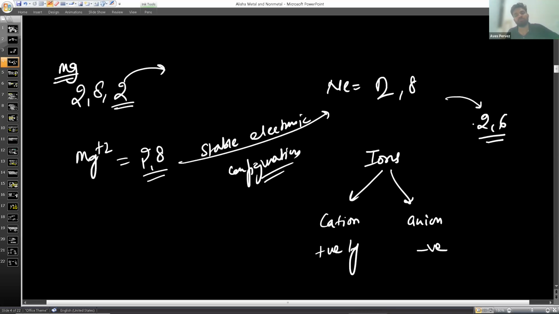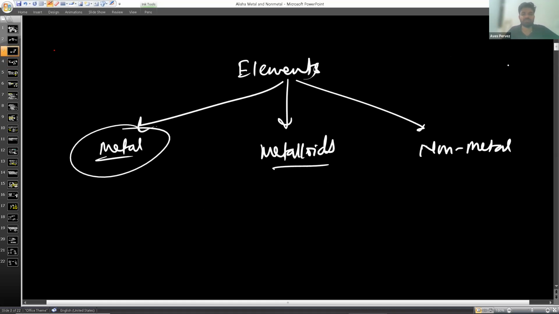So what will oxygen do? It will gain 2 electrons. So non-metals generally gain electrons in order to attain a stable electronic configuration. When oxygen acquires 2 negative charges, it is written as O2-. Got it?